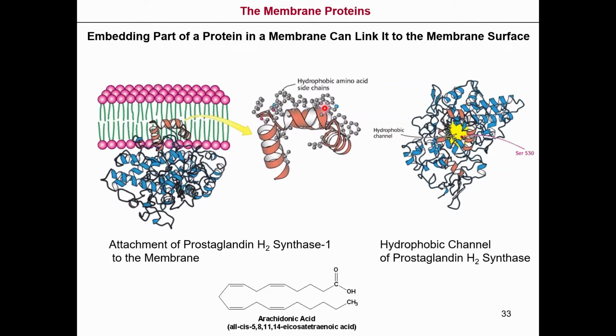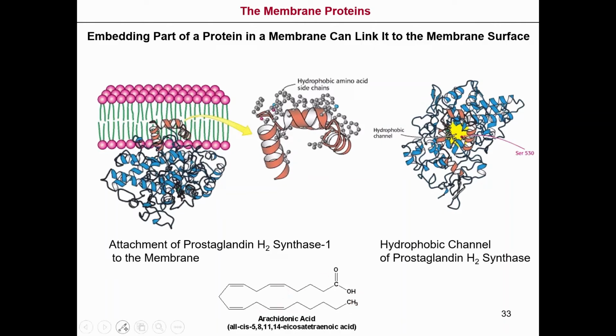If we focus on these 3 helices, you have hydrophobic amino acid side chains which can interact with the membrane. So why is prostaglandin H2 synthase attached to the membrane?